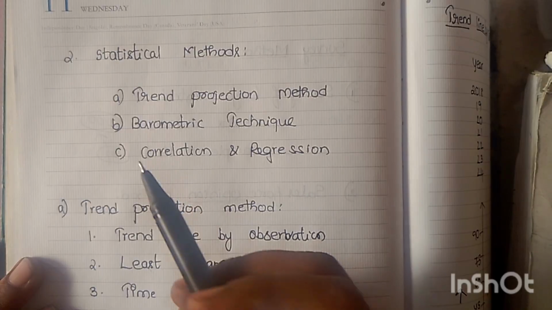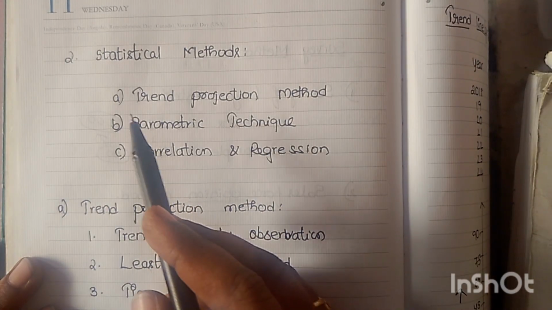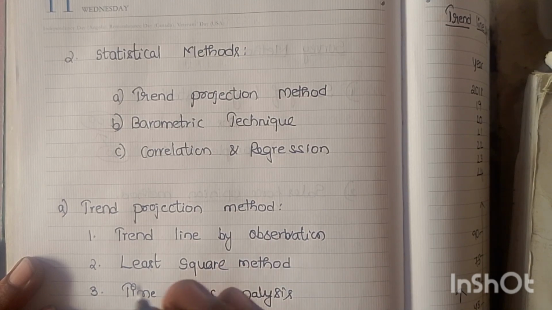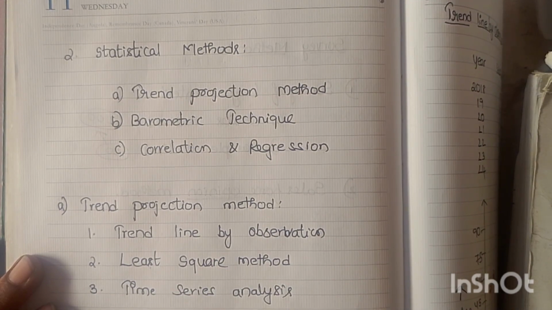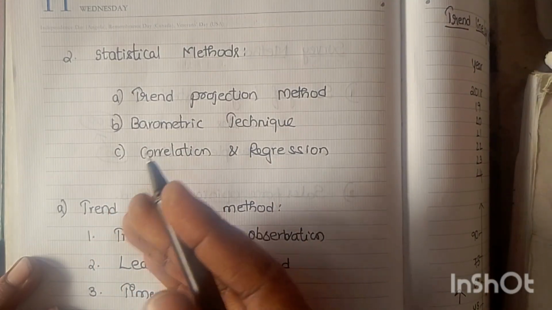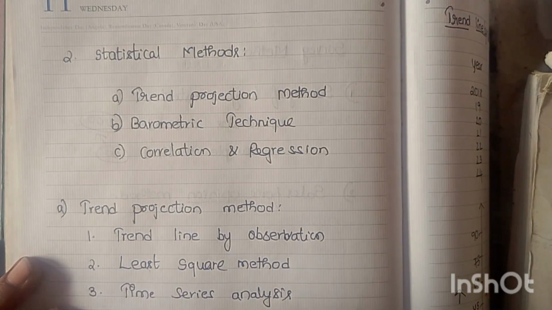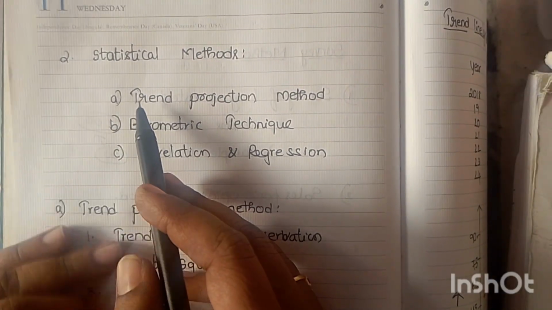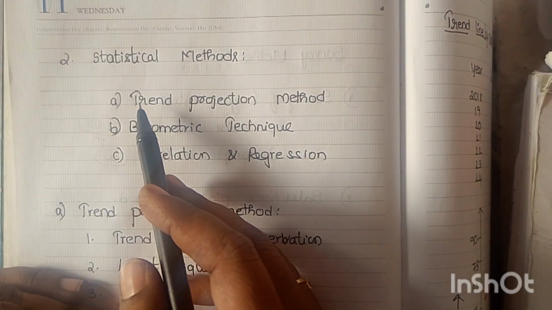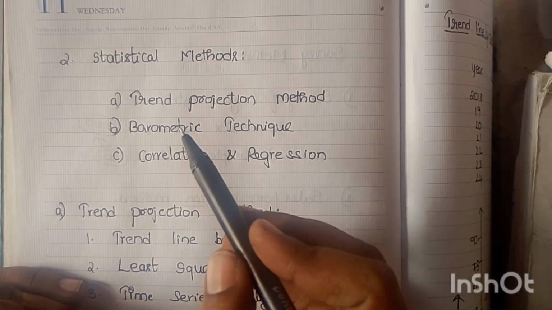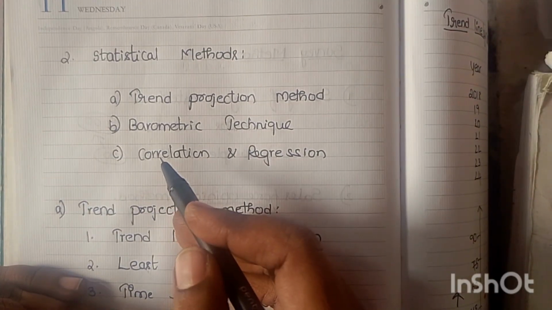But coming to the statistical methods, here the data we are getting is from existing data, recent past years' data or any past 10 years' data. By applying some statistical methods, we are finding and forecasting the demand for the future of a particular product or service.